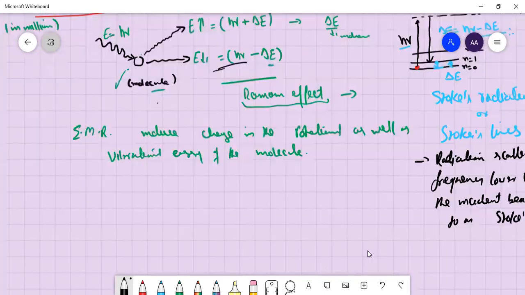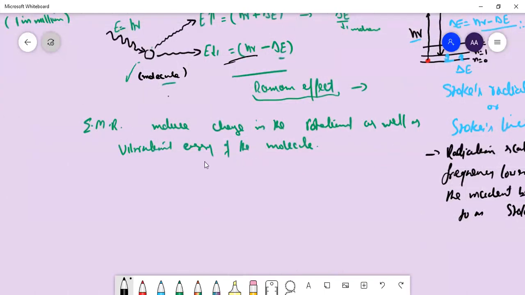So here, after this interaction, the electromagnetic radiation can induce change in the rotational energy as well as the vibrational energy level. So either the molecule can be excited from lower rotational energy to higher rotational energy level, or it can undergo transition from lower vibrational energy to higher vibrational energy.